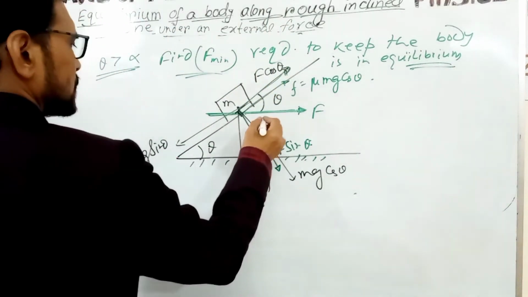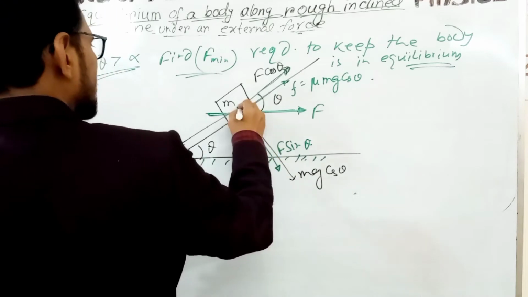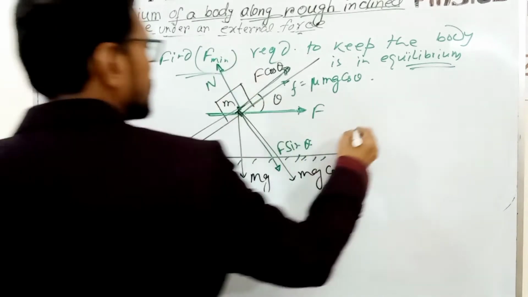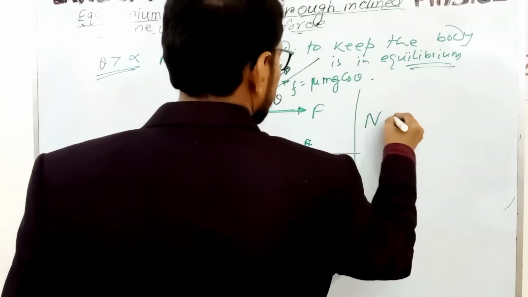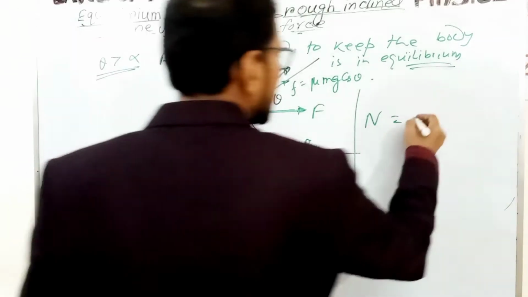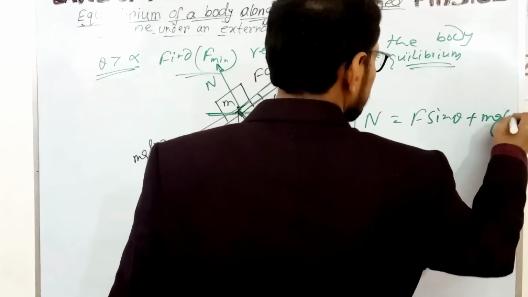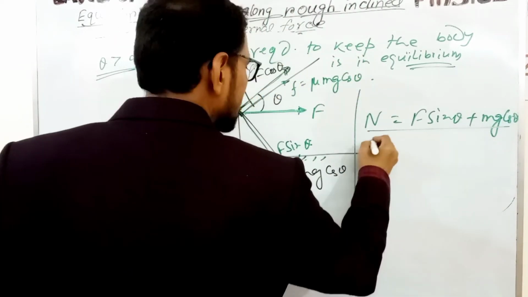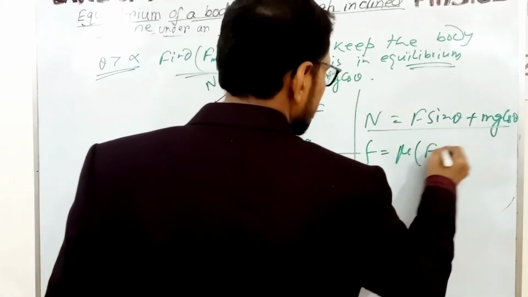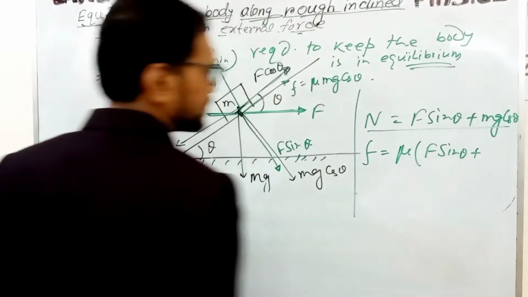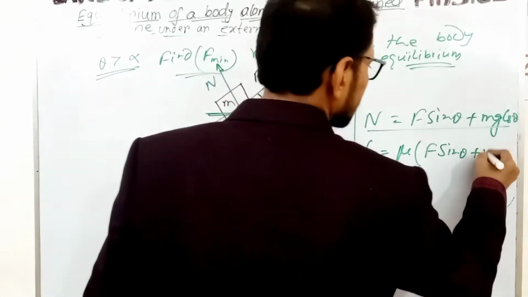Now what is the normal reaction? The normal reaction will be N equal to this plus this: F sin theta plus mg cos theta. So this is the normal reaction, and the friction force equals mu into N, which is mu times F sin theta plus mg cos theta.